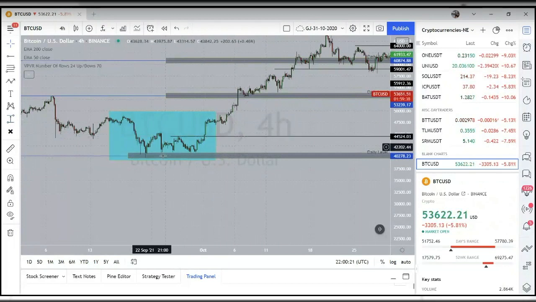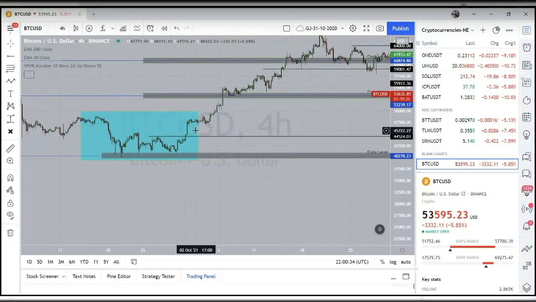The smart person would have placed limit orders around here, which I wasn't doing at the time, and just waited for this move to happen. So I got in here, took profit somewhere around here, took about 50% off, I believe, and then just rode the rest of the trade up.